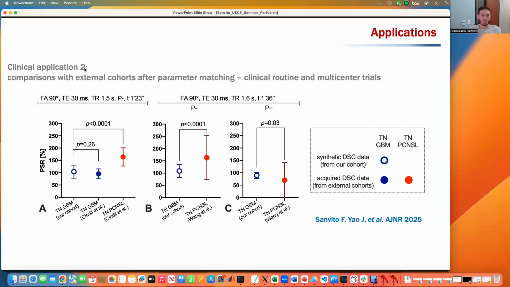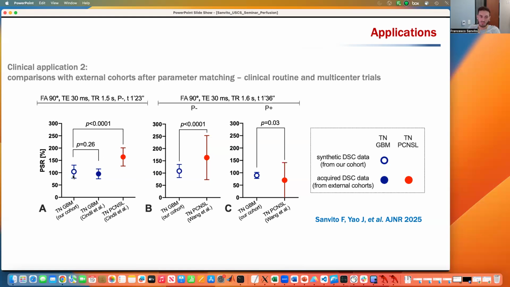The clinical application number 2 that we thought about is, you remember how I said that you cannot really compare the curve shape or the PSR values to external studies because most of the times they will have different parameters than the ones that you used for your acquisition. Well, now, if you have a way of synthetically changing those parameters, you can match those parameters to whatever study of interest that you have, and then compare your results with theirs.